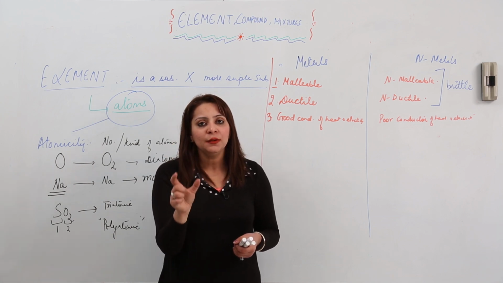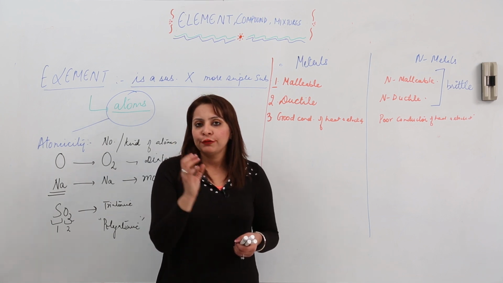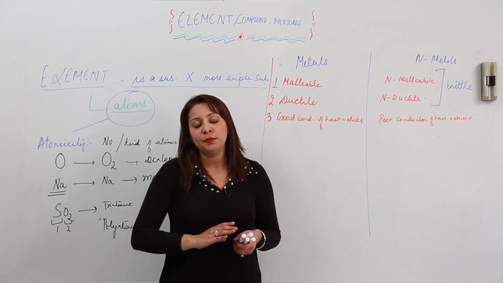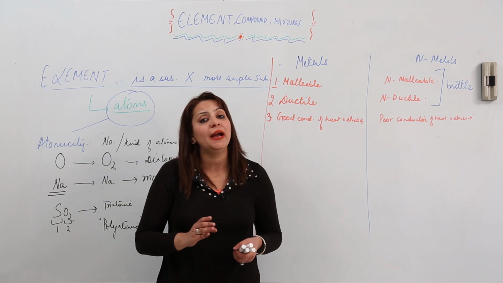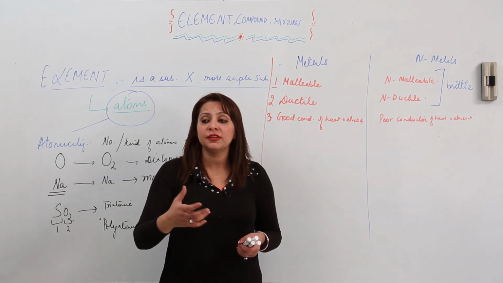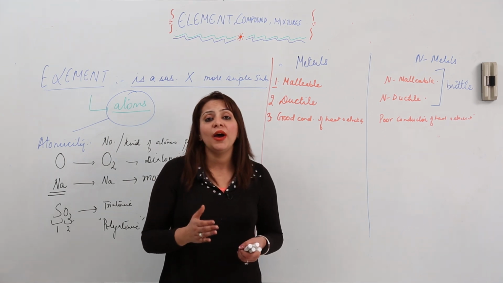Free mobile means they can move, okay, free mobile electrons. If any substance fulfills this property, that means it has free mobile electrons, then only it is capable of passing electric current through it, otherwise it won't.